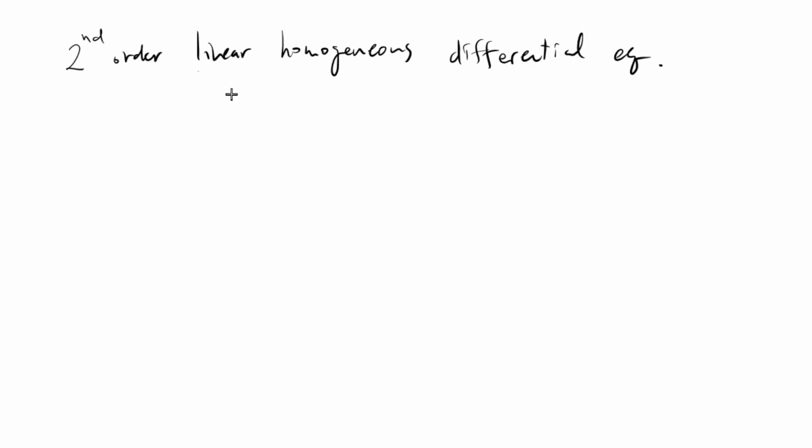In the most general format, it's a y double prime plus b times y prime plus c y equals 0. If the right side is a function of x, then it's no longer homogeneous, but if it's 0, it's homogeneous. And we want these a, b, c to be constant coefficients.